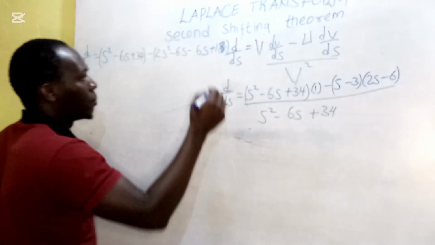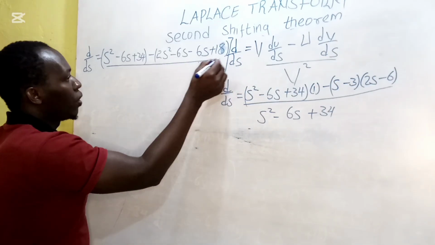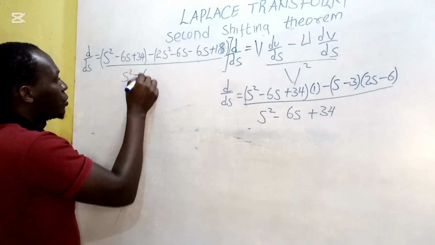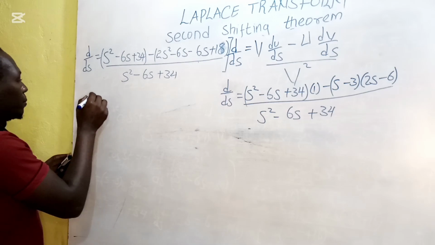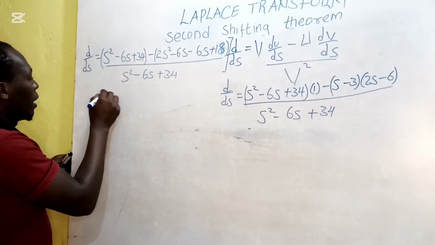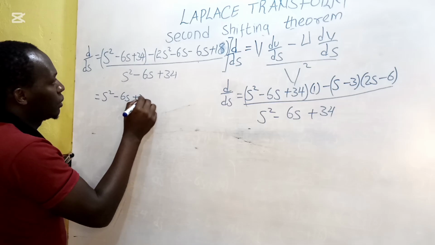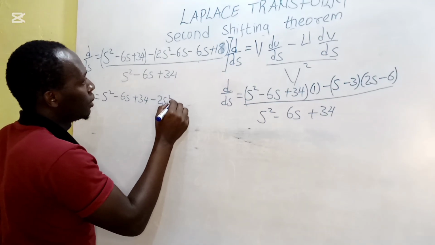We've opened that bracket and everything is going to be all over s squared minus 6s plus 34. We subtract 2s squared.